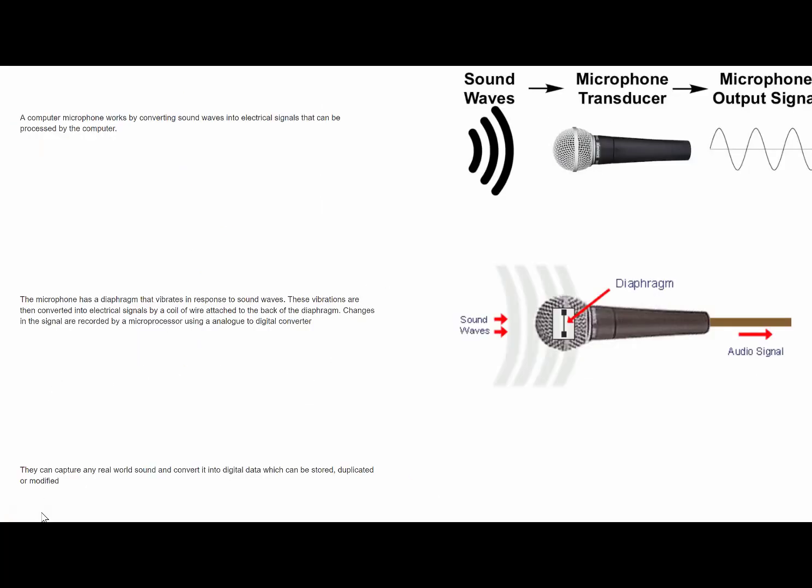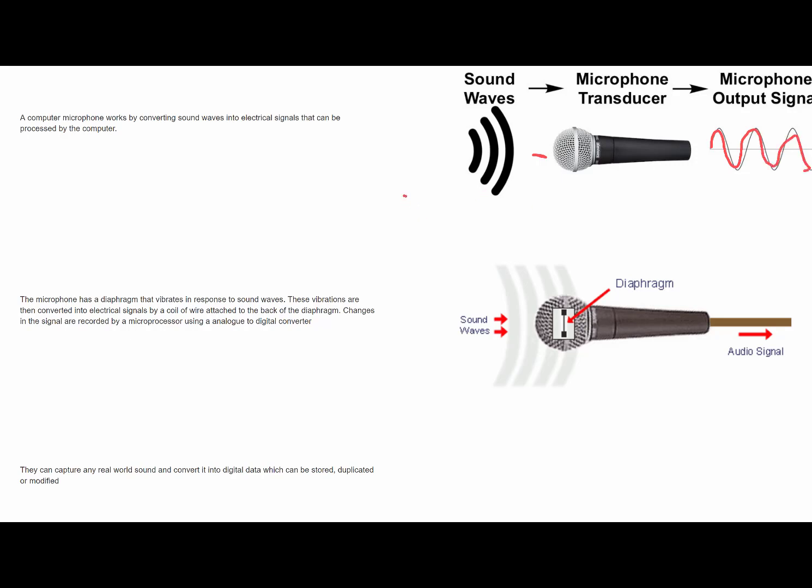What we're going to be looking at now is basically computer mics. Computer mics work very similar to normal mics, where basically you have sound waves. Like my voice is a sound wave. It goes into the mic. Normally, in old school mics, not computer mics, it will just output so you can hear my voice projected on speakers using normal sound waves.